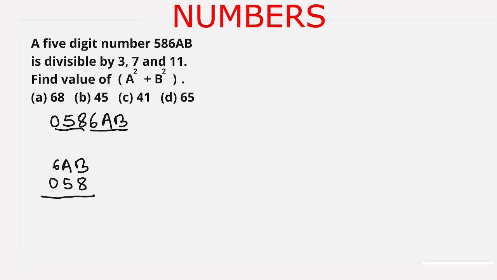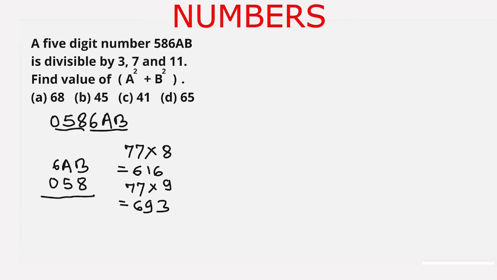So we have to find a multiple of 77 which is close to 600. 77 times 8 is 616, and 77 times 9 is 693.